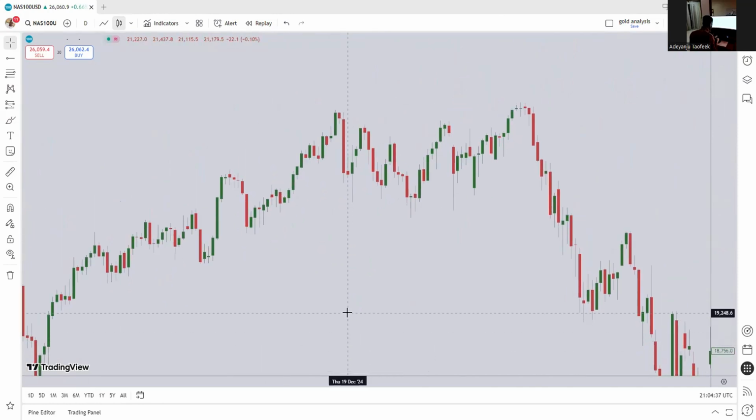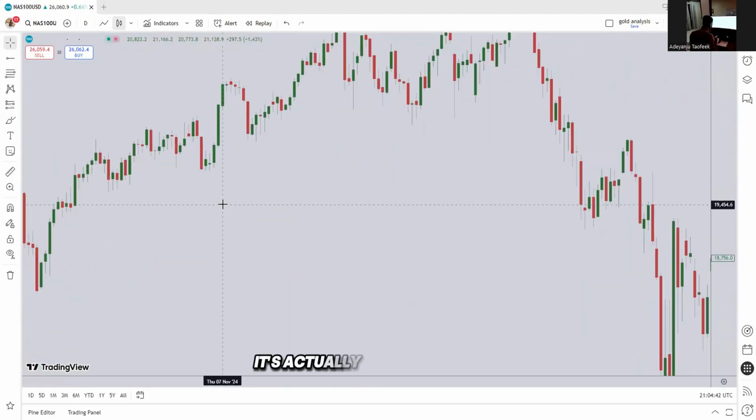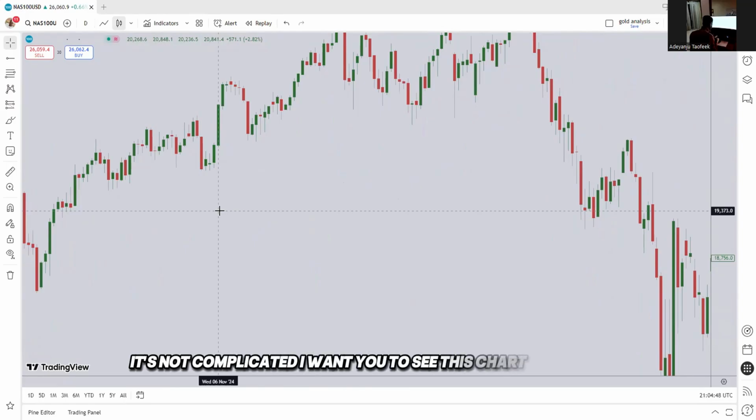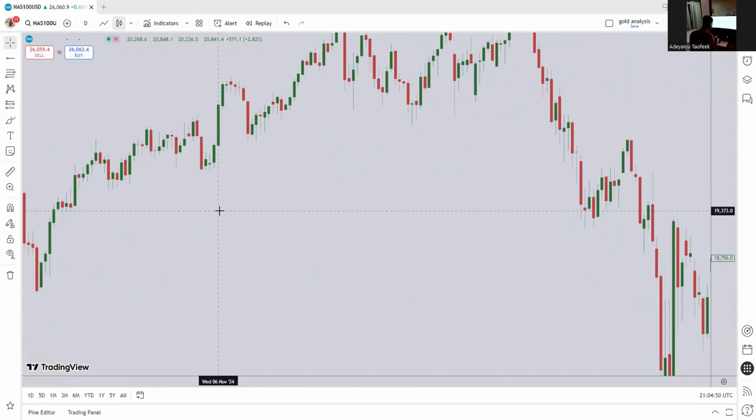Okay, so basically, it's actually not complicated. I want you to see this chart as a printer, right? When you put something in a printer, it prints it out.